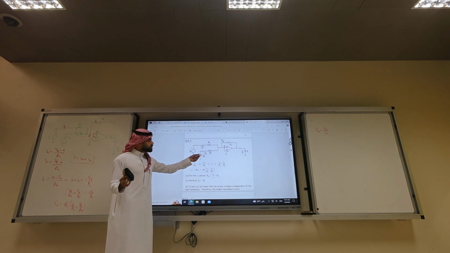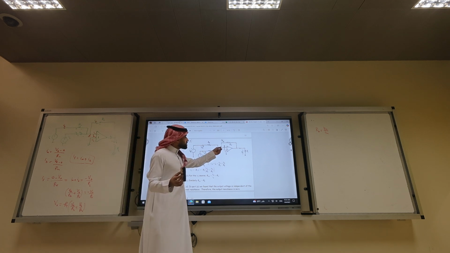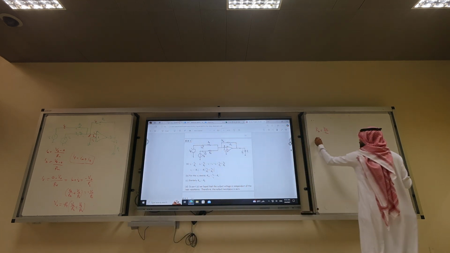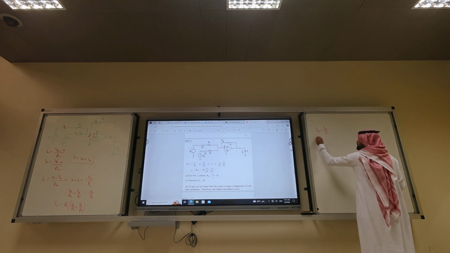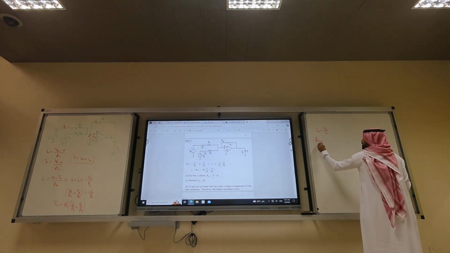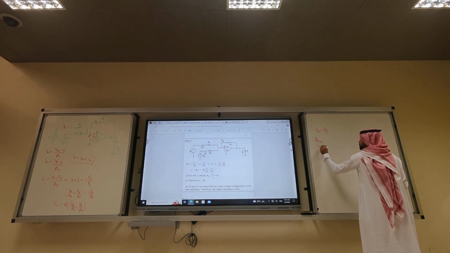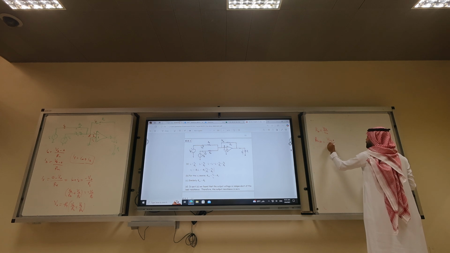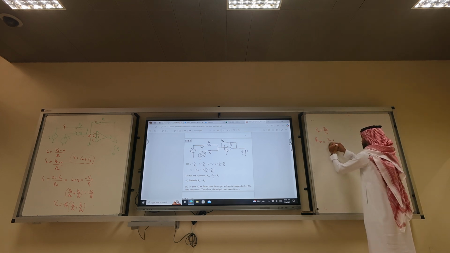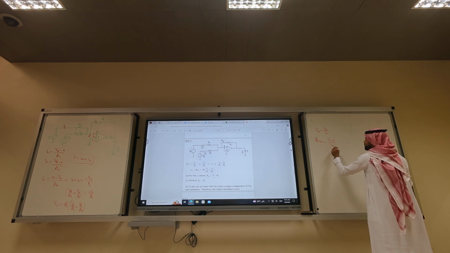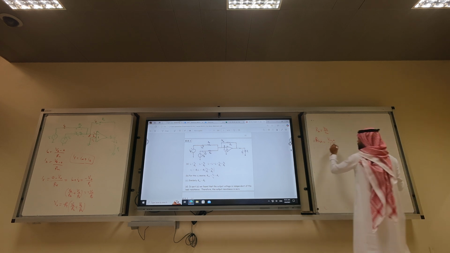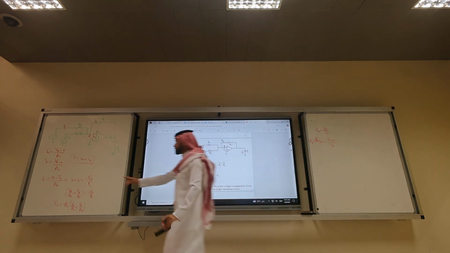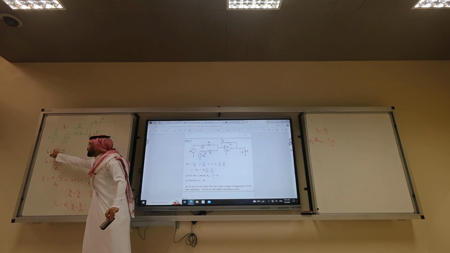We have input A, input B. Because here it's a virtual ground, for our input A, we have V in A over I in A, which is equal to RA. So RA, we already calculated it to be VA over IA.